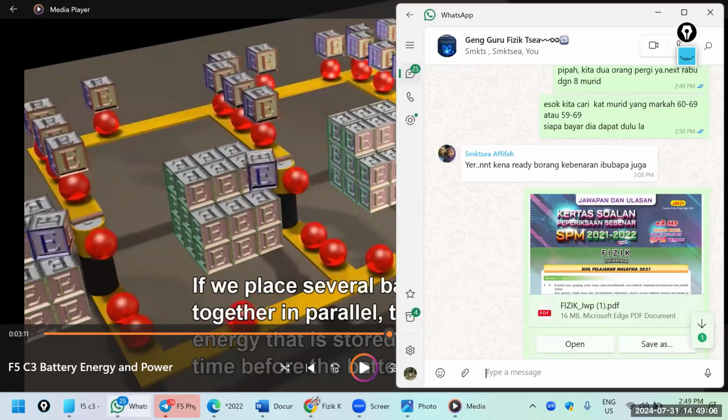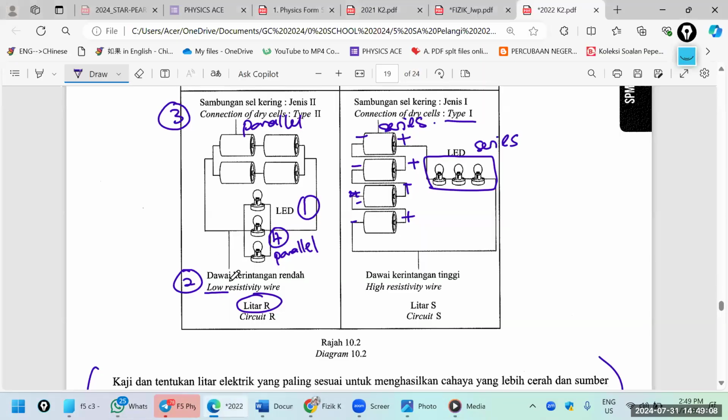So now we look at this. Okay, number 1, why LED light? We can say greater efficiency of energy or power, lasts longer.